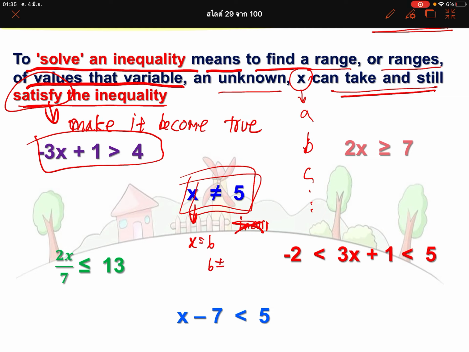This one, x equal to 6. 6 is not equal to 5. This is true. But if I say x equal to 5, then I get 5 is not equal to 5, is it true or false? Yes, it's false. Oh, I forgot how to write the word false. I can say it's incorrect.